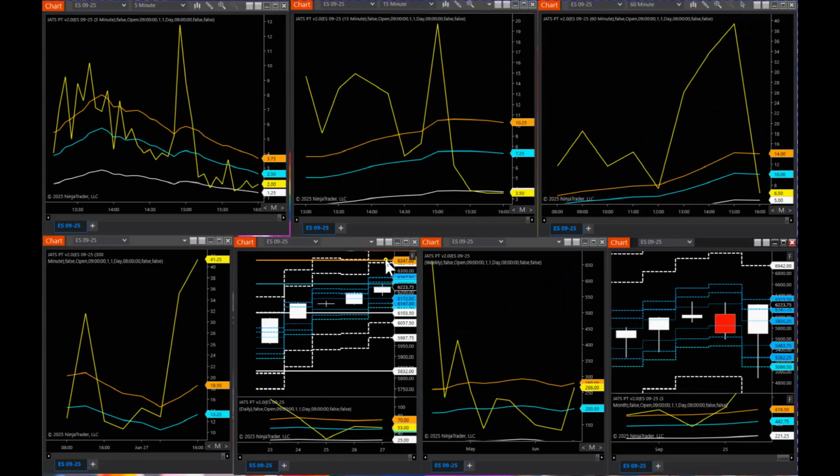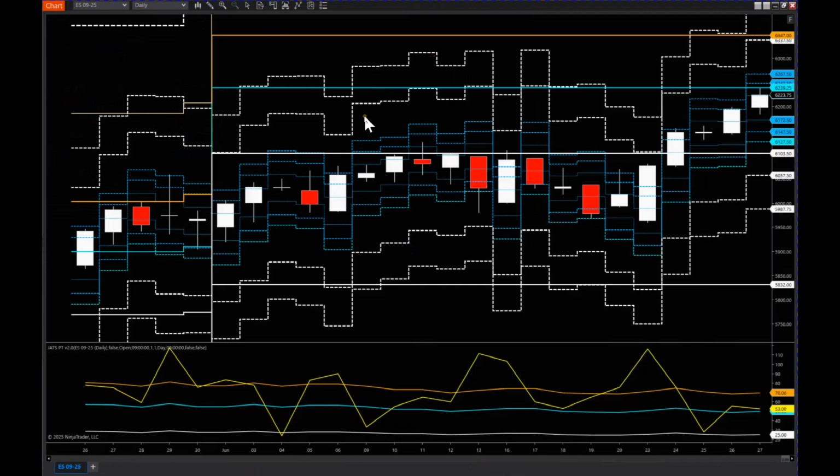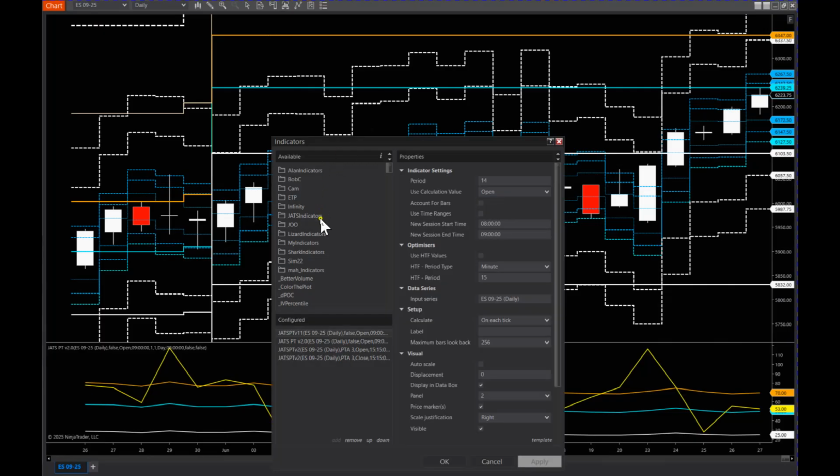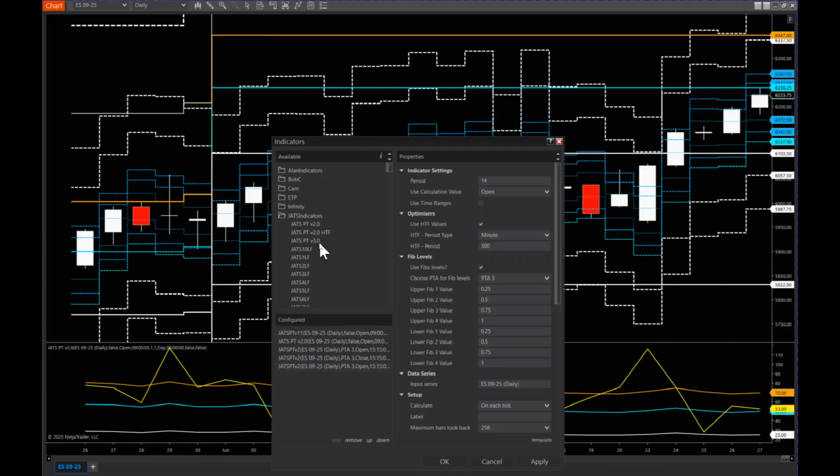So let's put the quarterly on here on the chart. I can do that. So we can add the quarterly distribution to the chart. That's one of the great things about JATS-PT, is you can add distributions.